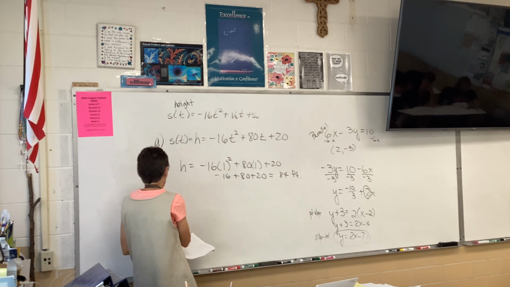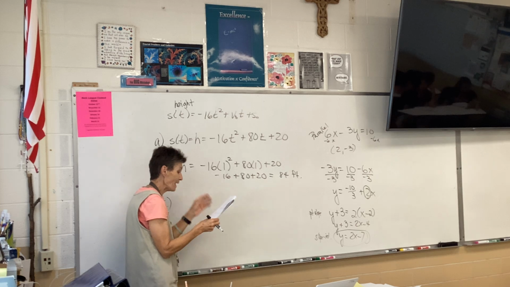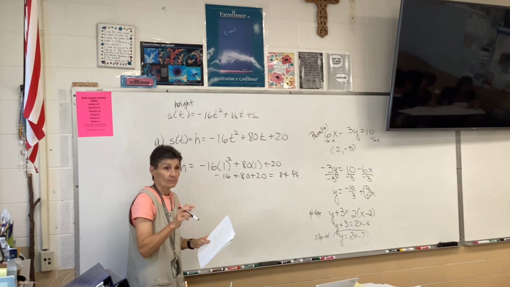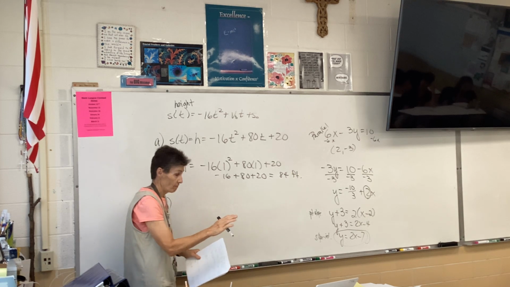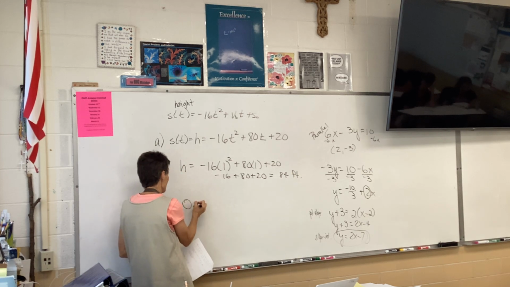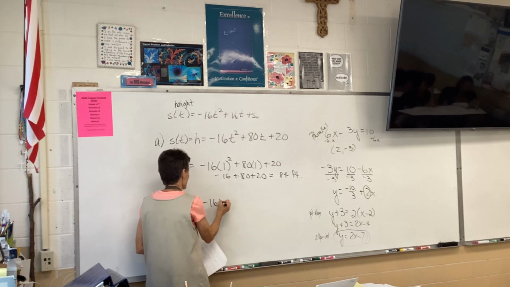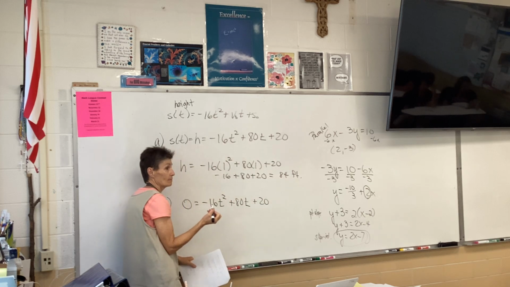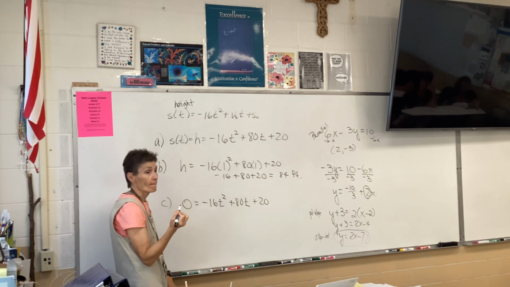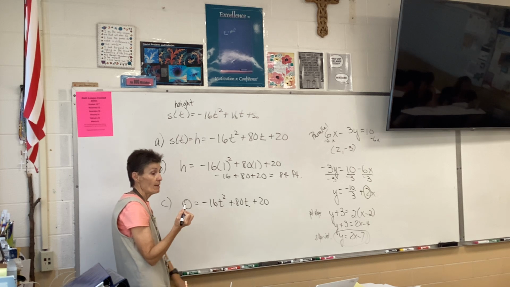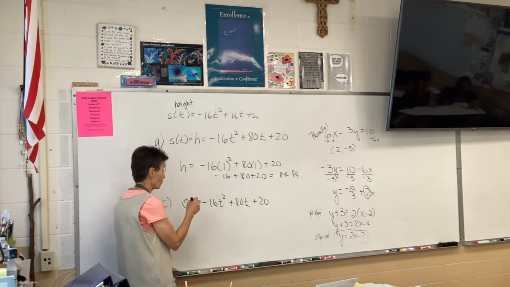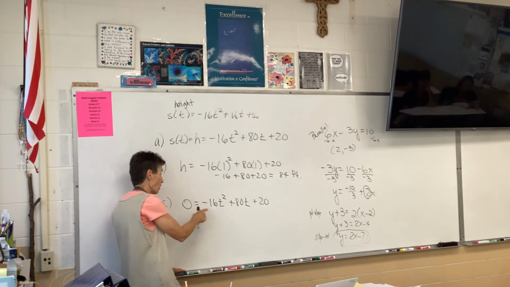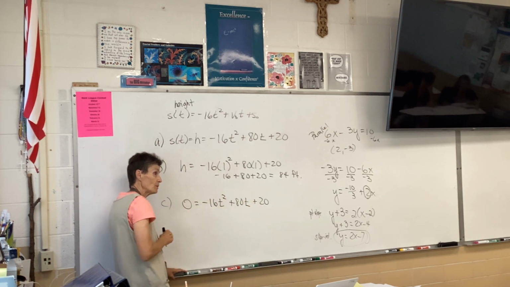All right, C. When is the ball on the ground? 0. I'm gonna put a 0 in for the height. So 0 = −16t² + 80t + 20. And then I can either graph this on my calculator, or I can solve it using the quadratic formula.